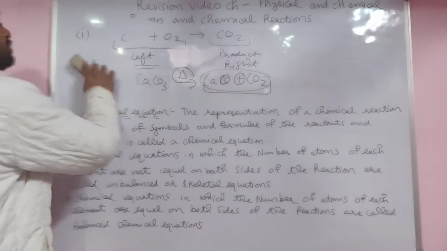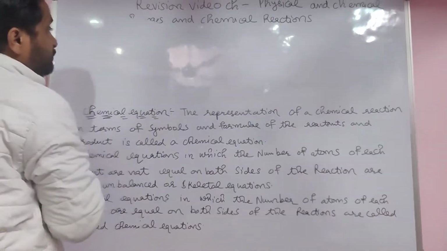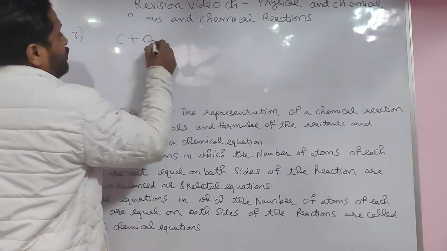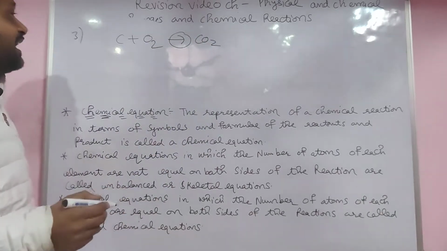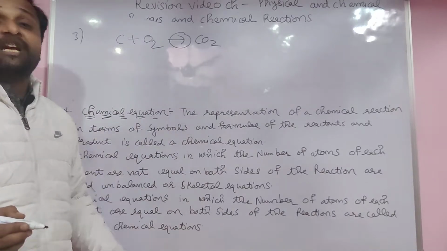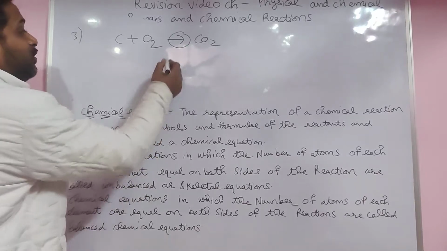Another rule: between reactant and product, you always write an arrow. One arrow shows that the reactant is converted into product. The reaction proceeds in the forward direction only.